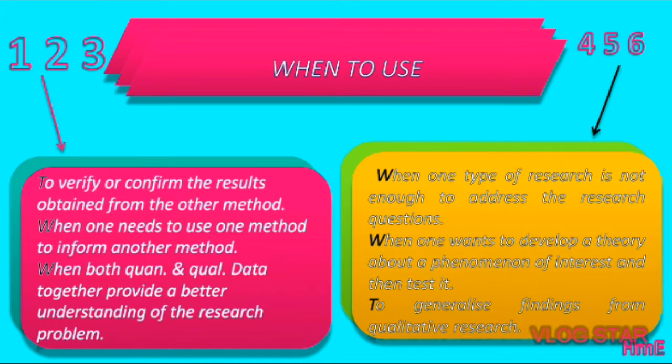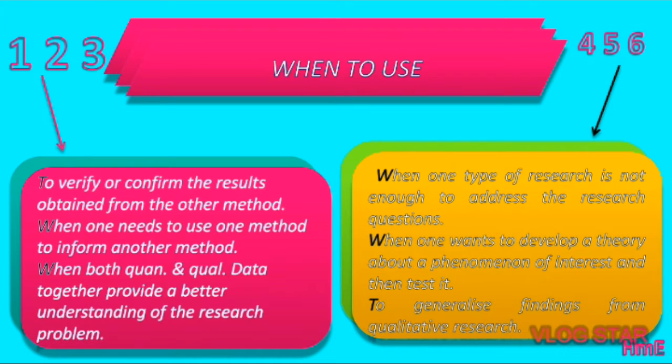Then when one needs to use one method to inform another method, using mixed method will help the researcher to know both sides and both aspects of a research problem, that is the qualitative side and the quantitative side.